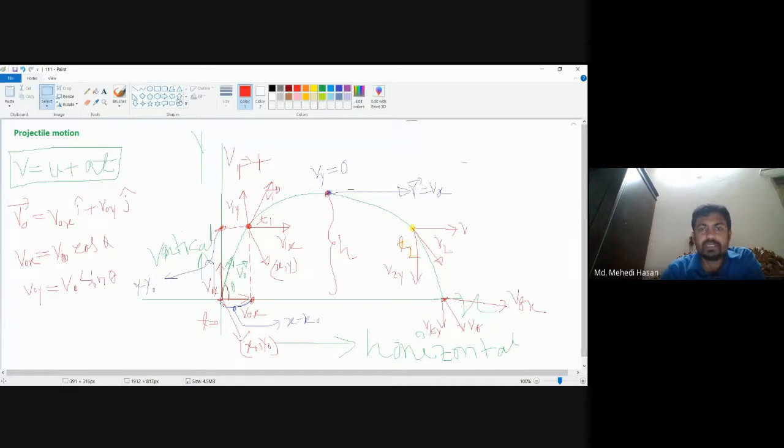Okay. So these are the main things, and let's go to another topic, which is mainly the velocity along the x component and y component. So let's talk about the acceleration. Since it is two-dimensional motion, the acceleration also has two components, ax and ay.